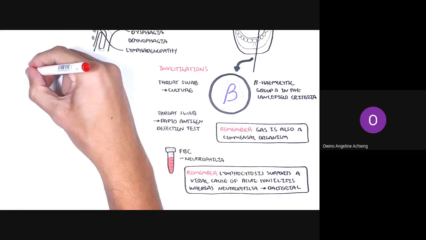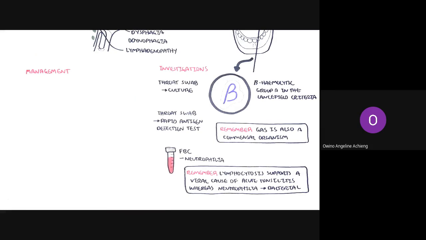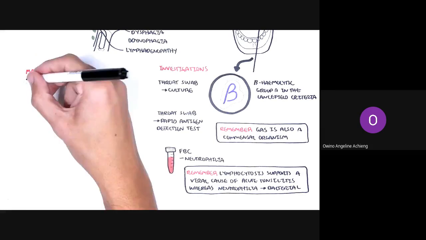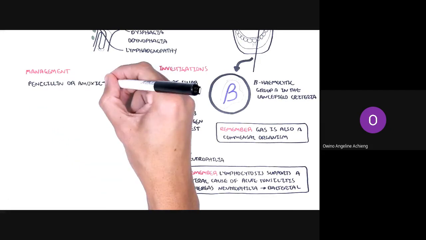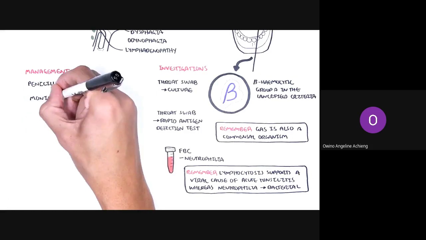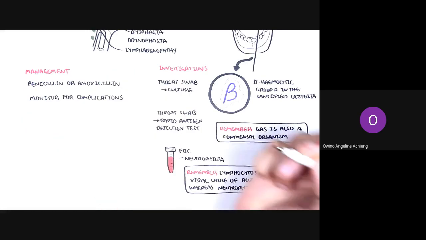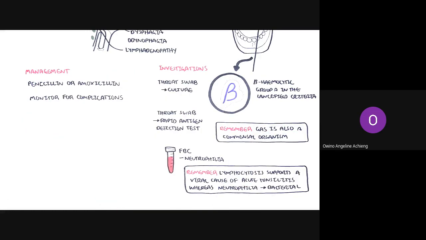Early recognition of management is important to reduce the complications associated with group A Streptococcus throat infection. The management of Streptococcus throat infection is antibiotics, specifically penicillins or amoxicillin. It's also important to monitor for complications of the antibiotics.